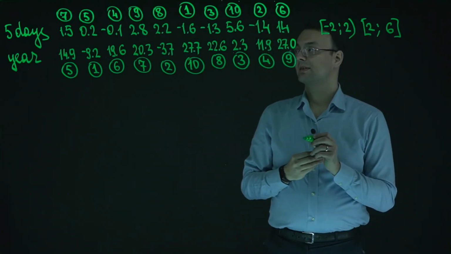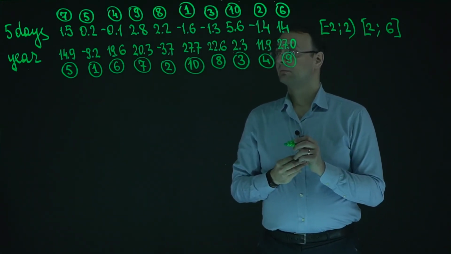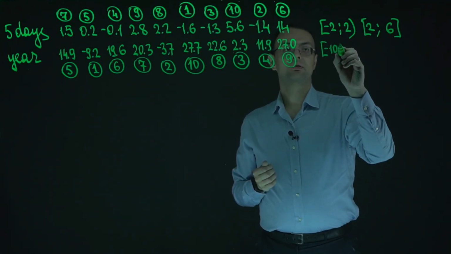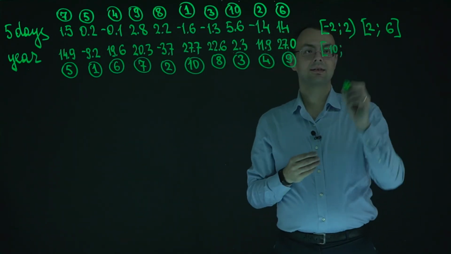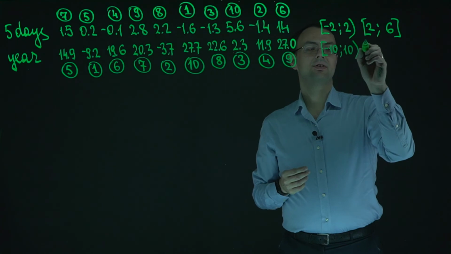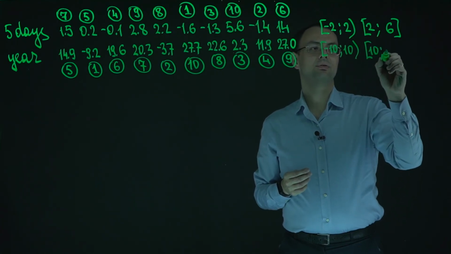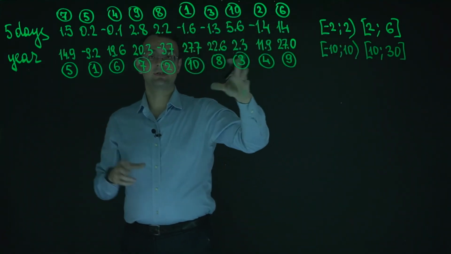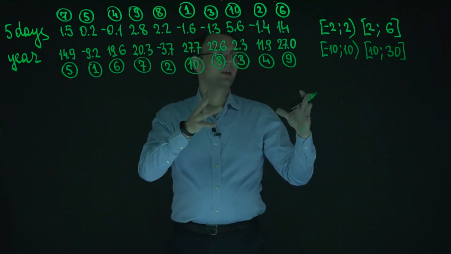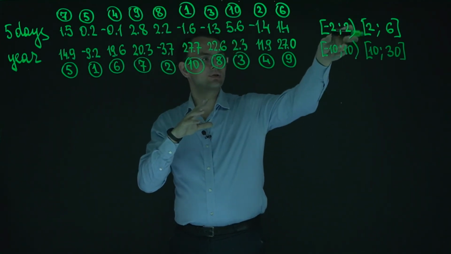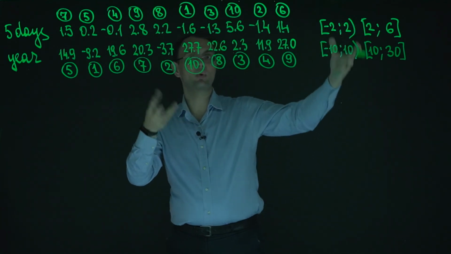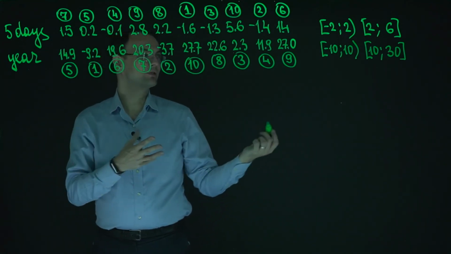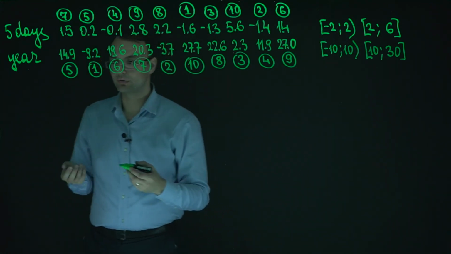So let us say that the first interval is from minus 10 to plus 10, and the second interval is from plus 10 to 30. If the sample size were greater, we would divide not into two intervals, but maybe into 3 or 4. But our sample size does not allow us to make more than 2 intervals in this case.